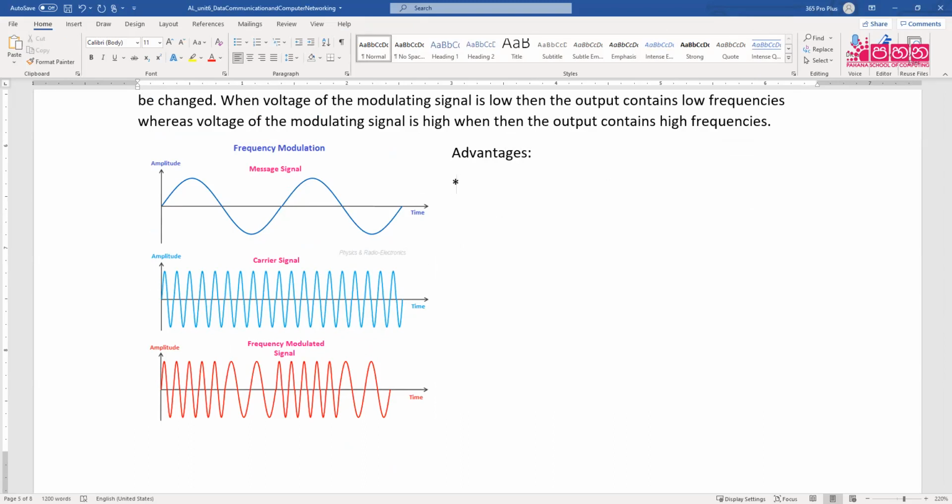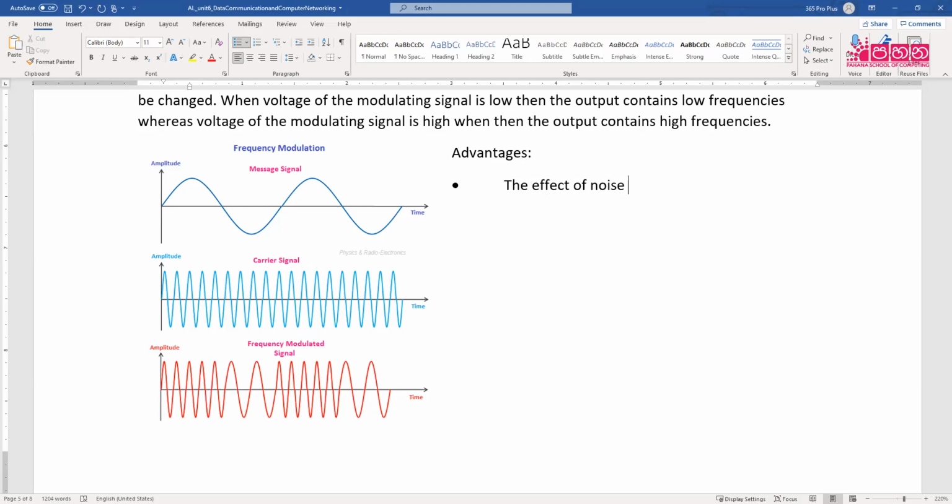In this particular case, the effect of noise is reduced.